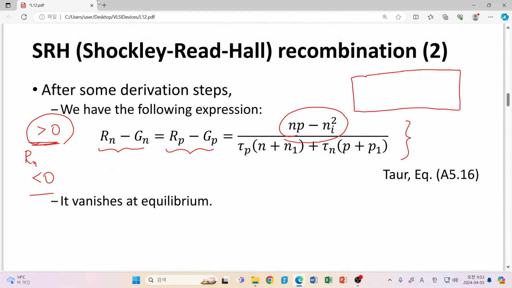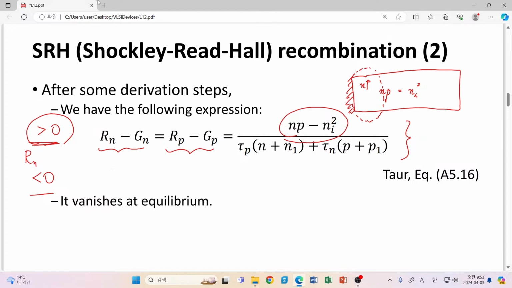So everywhere, the product between N and P was equal to Ni squared. Then from this left boundary, let's assume that we just inject some electrons into this system.